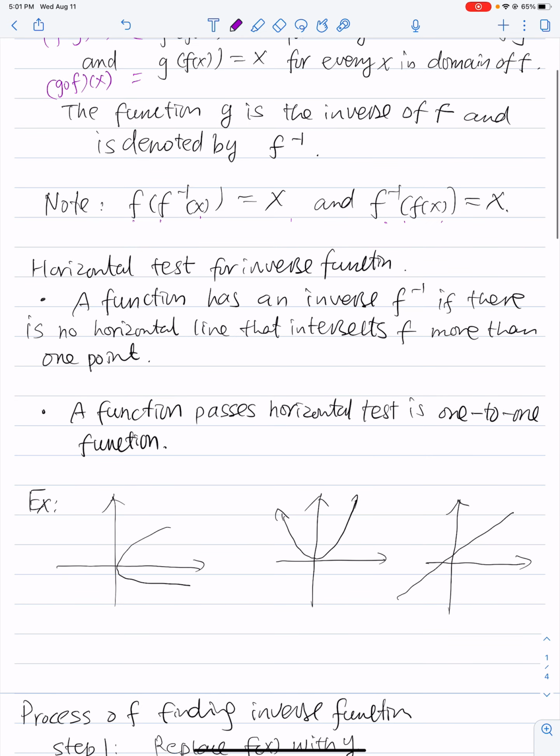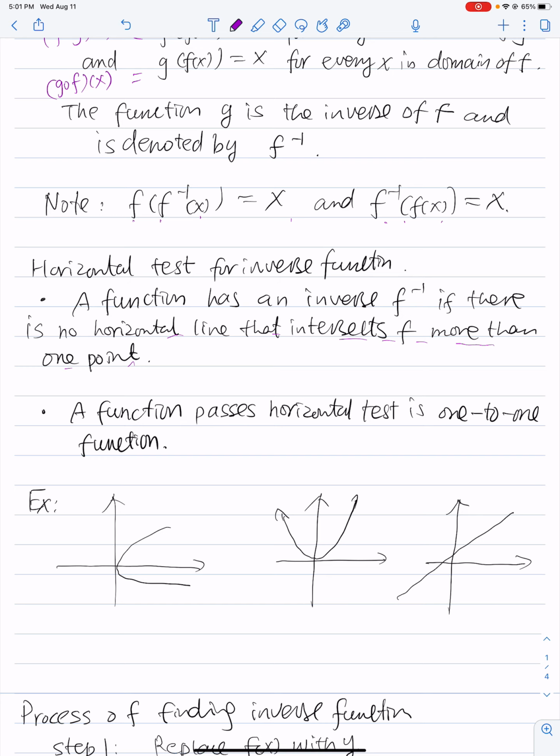Okay, so to check whether a function has an inverse function, we typically use a horizontal line test. A function has an inverse, f inverse, if there is no horizontal line that intersects f at more than 1 point.